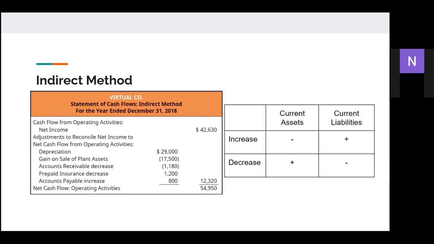So bakit nga ba natin ina-add yung depreciation and then yung gain naman is nililess?